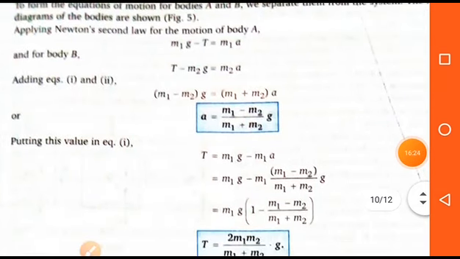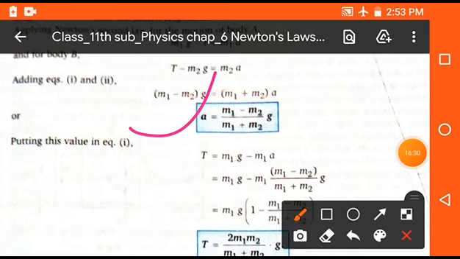First, A, the acceleration produced in the pulley system and in the whole body system. A is equal to (m1 minus m2) upon (m1 plus m2) into g, where m1 and m2 are the masses of the two objects and g is the acceleration due to gravity.